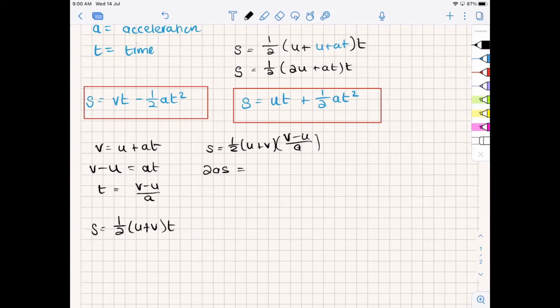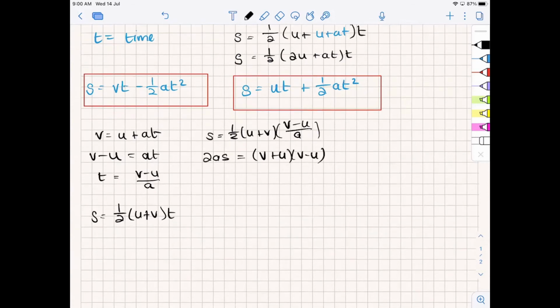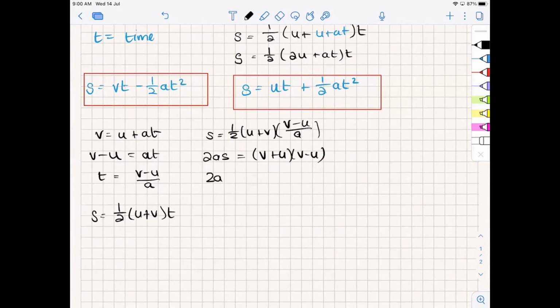I'm just going to switch this v and this u around in the bracket. I'm going to get v plus u, and I multiplied the a away as well, so it's also gone. So I have v minus u. And there we just have a difference of squares, which is very nice. So this is going to simplify into 2as equal to v squared minus u squared.